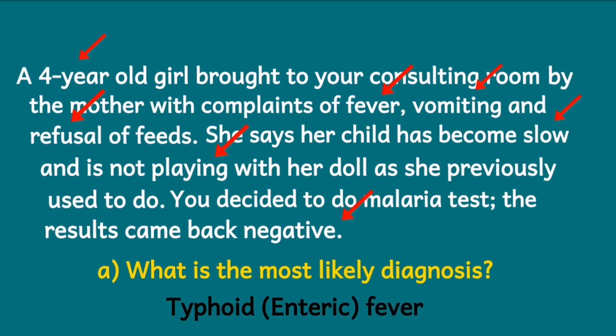Now, this is a typical case of an approach to fever in children, and it could be any febrile illness, like we will explain in our next slide. Any febrile illness can explain this child's presentation. But sometimes, for short answer clinical questions like these, the information might not be enough to get the diagnosis the examiner expects of you.